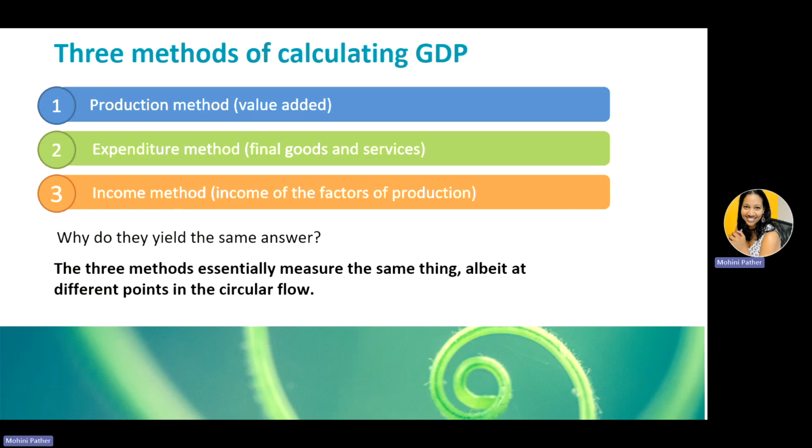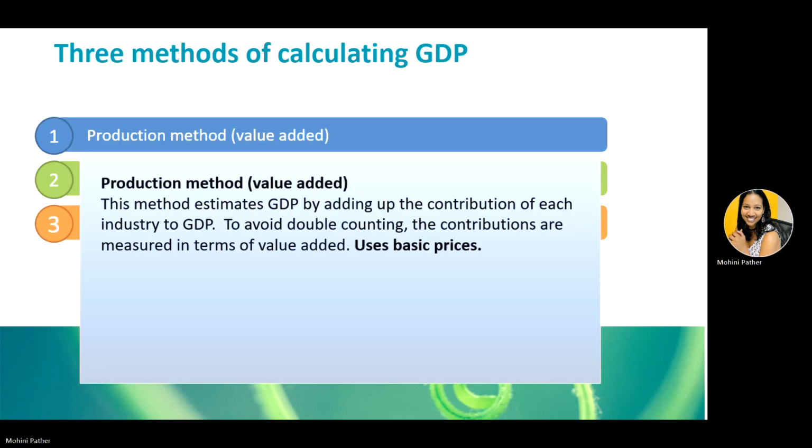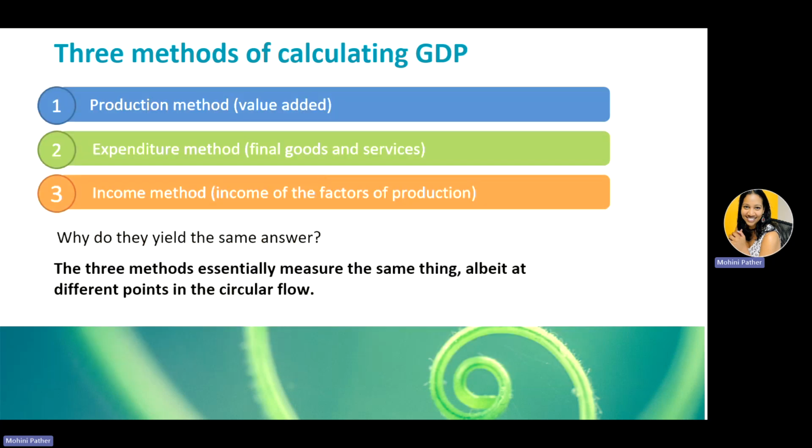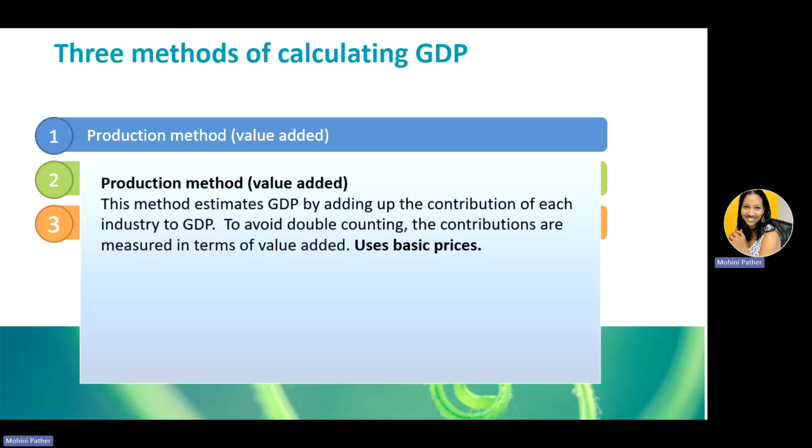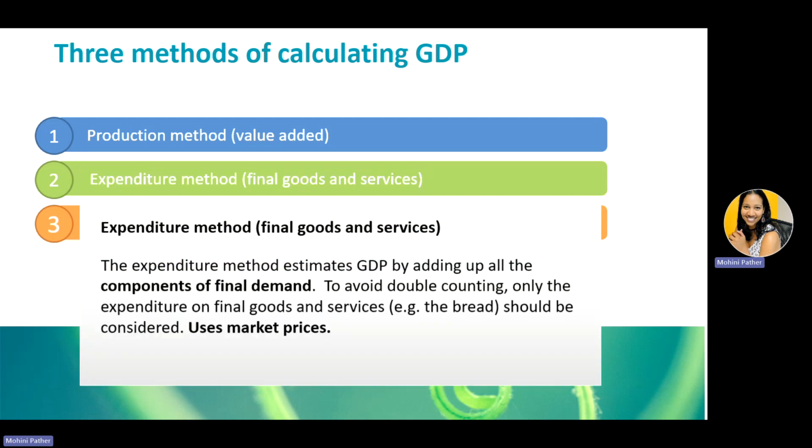Then we have the income method, where we use the income of the factors of production. So here we have the production method, and that's where we use basic prices. So we are only looking at the contributions of each industry to GDP.